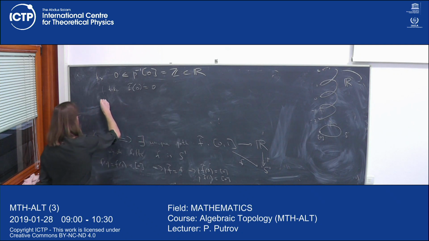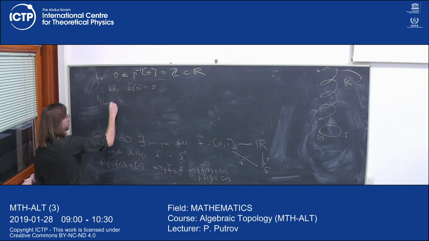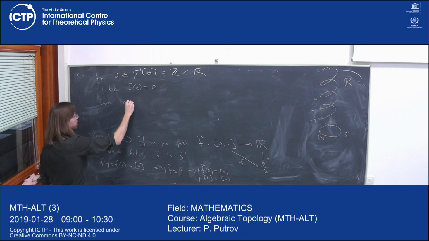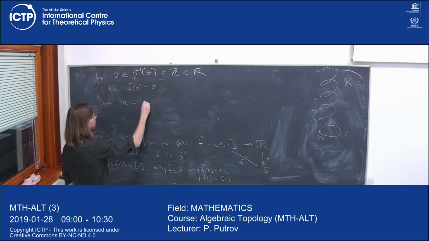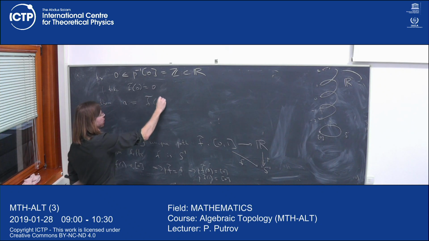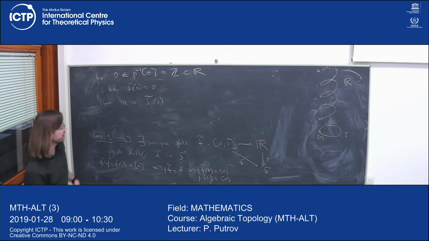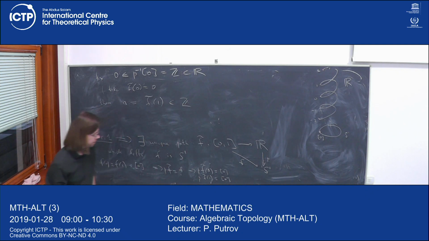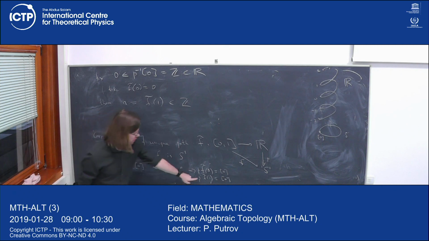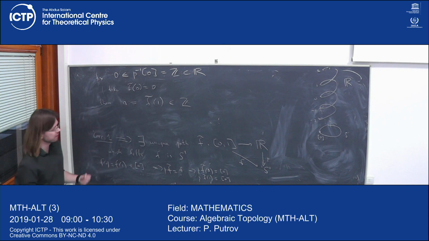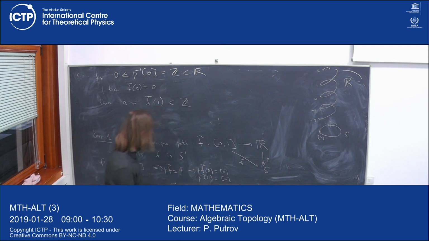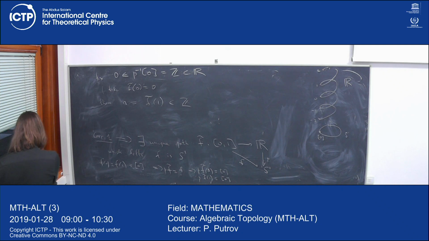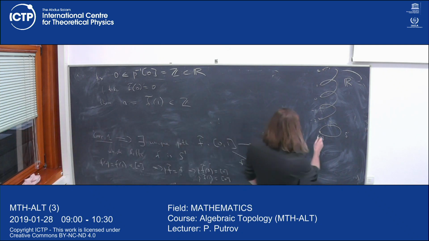And then take n to be f tilde of 1. So this will be some integer number because of this property, because the covering map acting on f tilde 1 should give 0, whose preimage is a bunch of integers. Essentially, you can think about it this way.